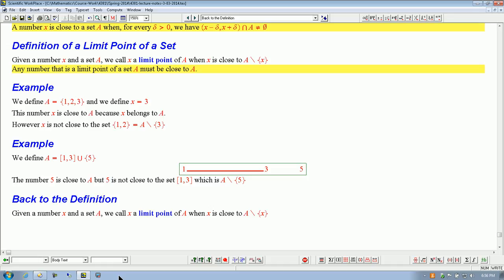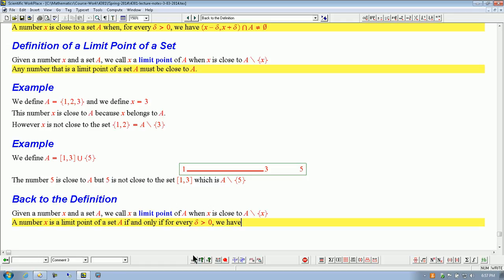So now I'm going to tell you something. A number x is a limit point of a set A if and only if for every delta greater than 0.